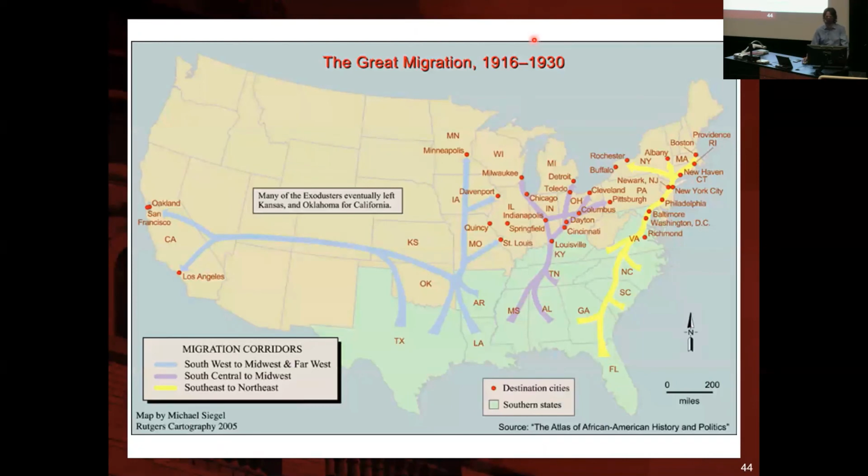And here's the Great Migration between 1916 and 1930, in the first half of that period that we are talking about. So you had these major migration corridors from the Southwest to Midwest and to Far West, as we see here, from South Central to Midwest, and from the Southeast to the Northeast.